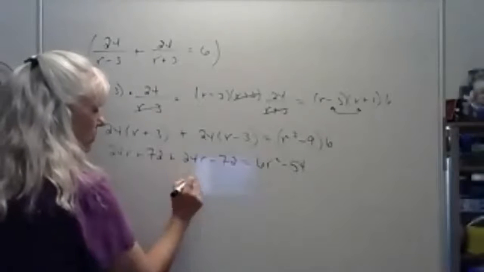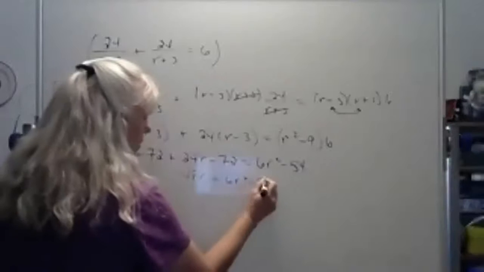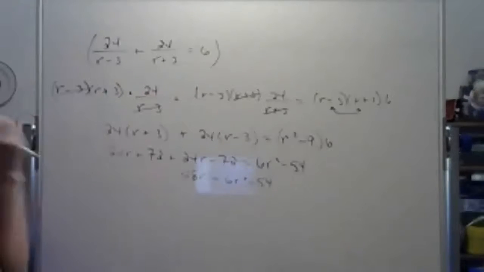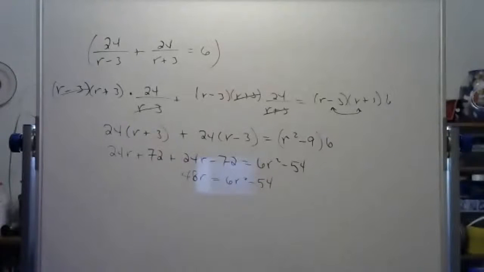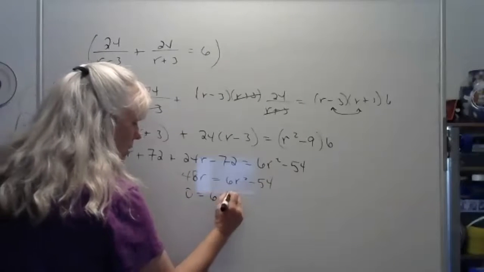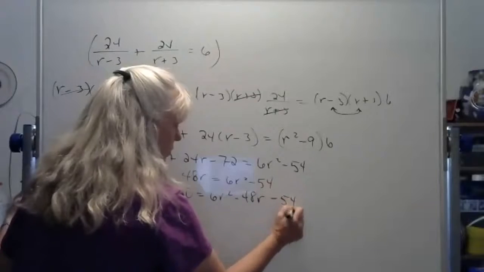Okay, so the 72s are going to cancel out because one's positive, one's negative. 24 and 24 gives me a 48R equals the 6R squared minus 54. And because it's a quadratic, we know we need everything on one side, so I'm going to bring everything over to this side. So we'll have 0 equals 6R squared minus 48R minus the 54.